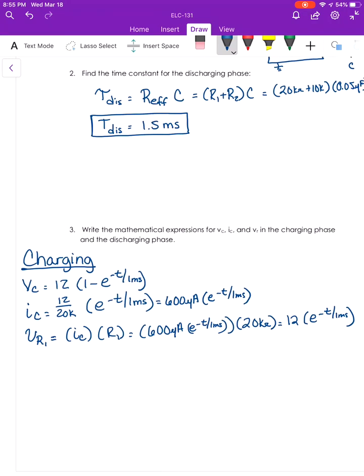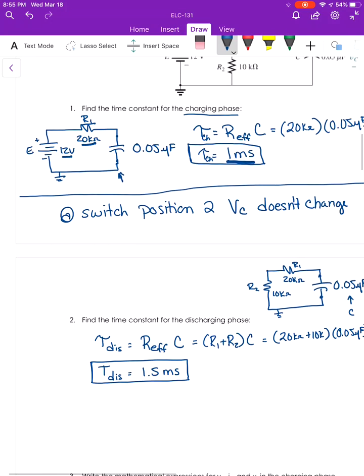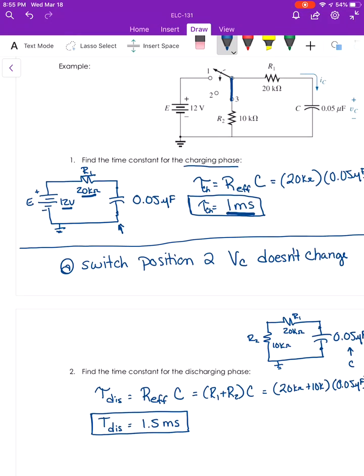Okay, so now, and you can go back to earlier videos and review that, now let's talk about this discharging phase. What happens after we move the switch to position 3 up here.